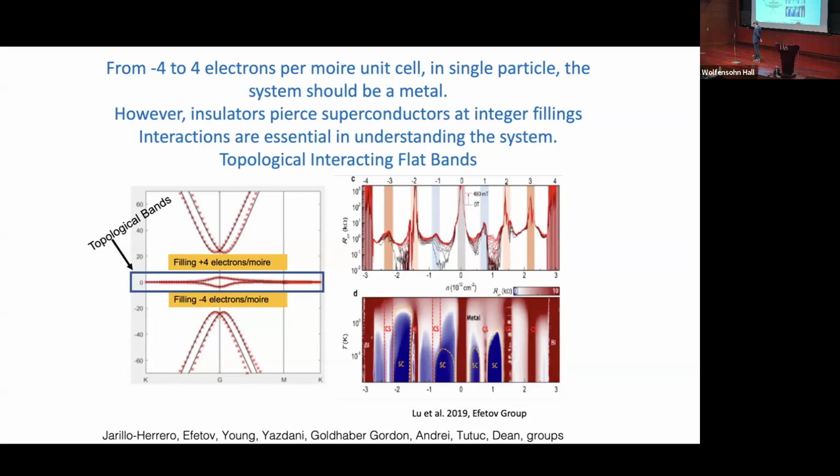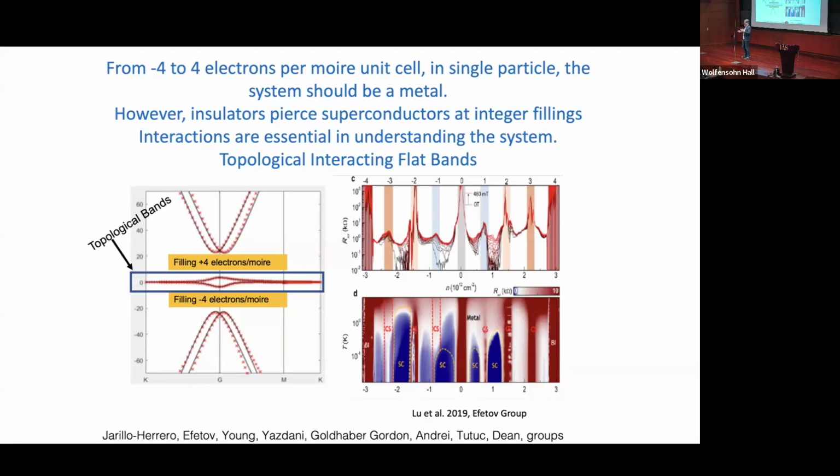as you obviously know so far, you have 2 flat bands per valley per spin. There's 2 valleys coming from the K point of the lower layer and the K point of the upper layer. That's 1 valley. And the K prime point of the lower layer and the K prime point of the upper layer, that's another valley. And then spin, that gives you a factor of 4.